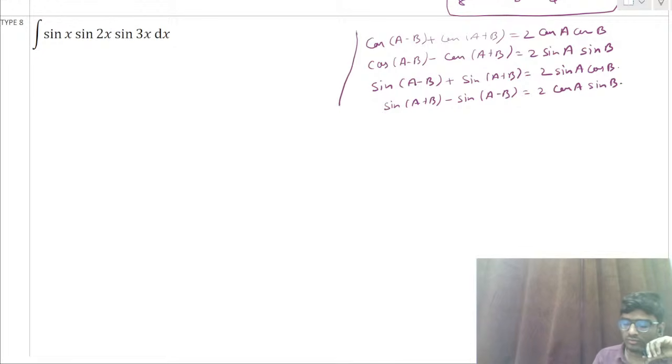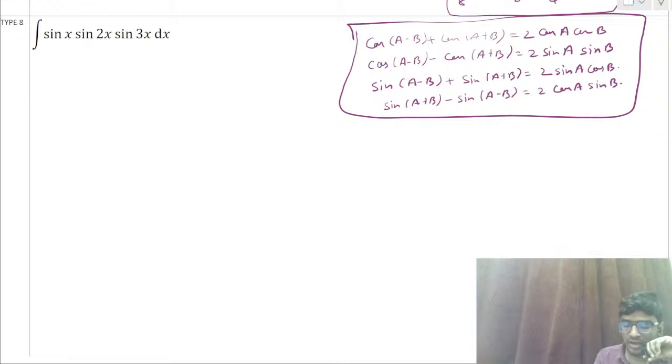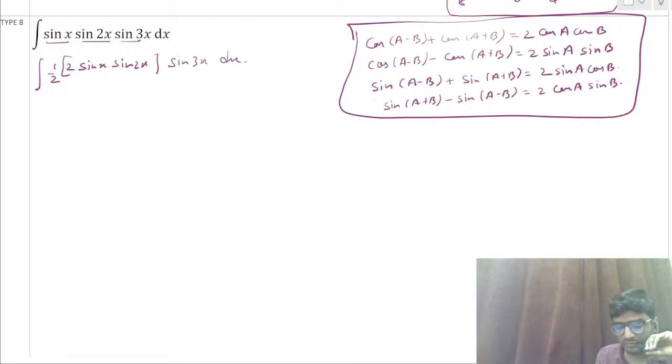So we are going to use this property to evaluate this type of integral, when the integrand has the terms sin x times sin 2x times sin 3x. This integral can be written as 1 upon 2 times the integral of 2 sin x sin 2x sin 3x dx.